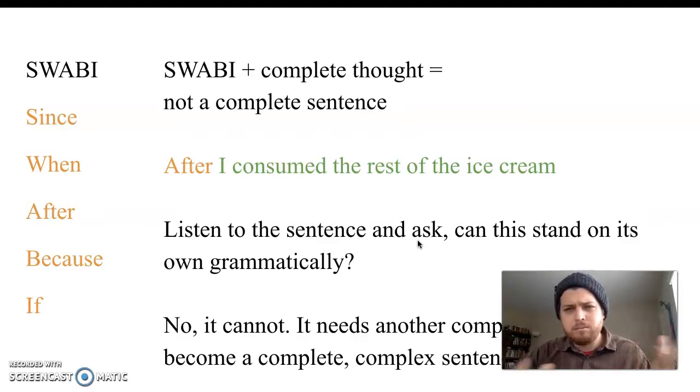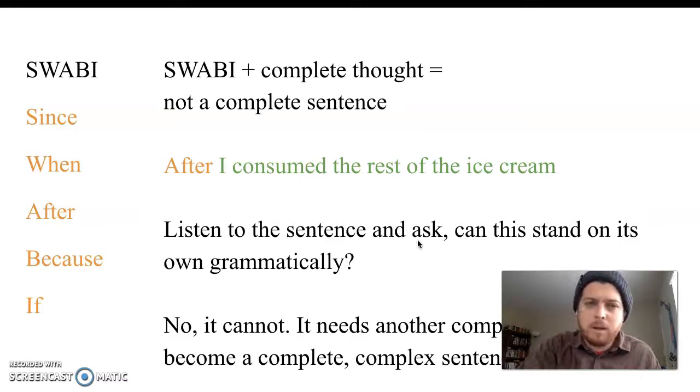Would it kind of stand on its own? Would it be grammatically correct? After I consume the rest of the ice cream. There's kind of like a pause at the end, like, well, what's coming next? When we use the SWABI after, we're making it dependent on something else. We need to include a second complete thought in order for it to be grammatically correct.